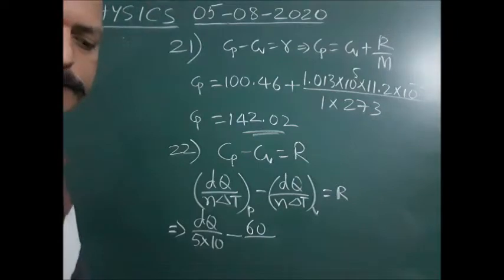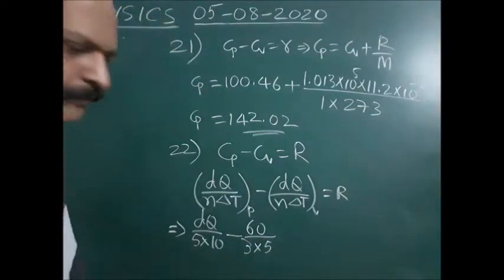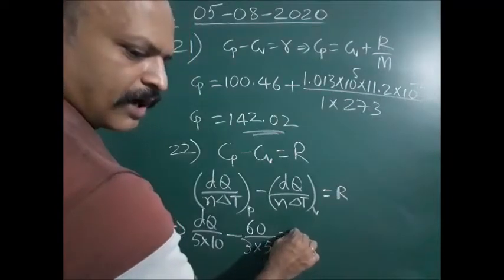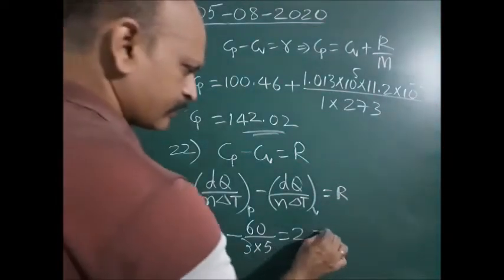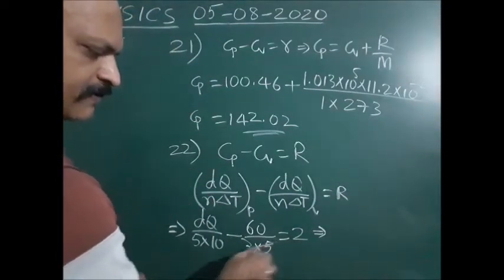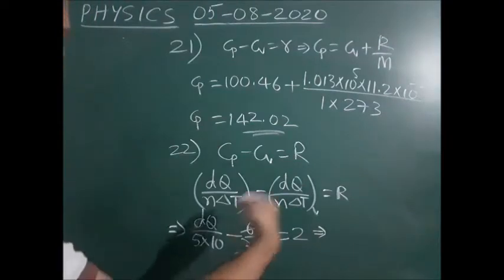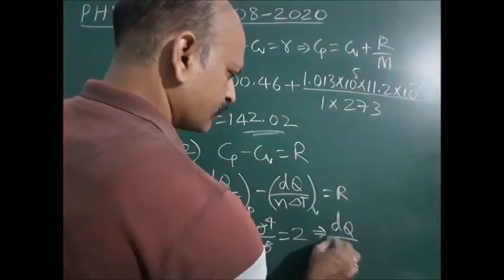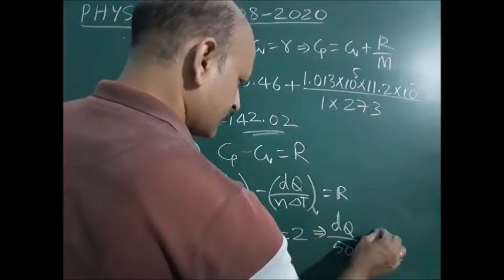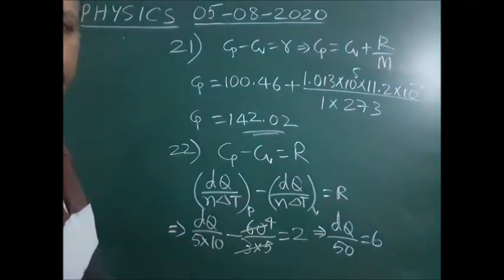For how many moles? 3 moles, for change in temperature of 5, and R is 2 in terms of calorie. That means this is 15 4s are, okay, the 4 goes that side, that will become 60. So dq by 50 is equal to 6. Therefore dq equals 300 calorie.